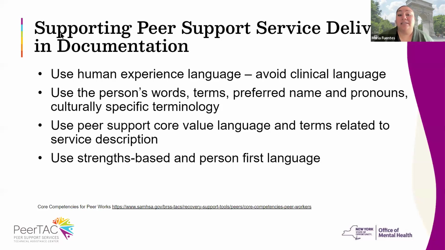Using strength-based language, person-first language. For example, Gabby shared with me that she felt comfortable being an advocate for her child. Gabby is empowered to help make changes for her child. Making sure that the goals connect with the services, right?